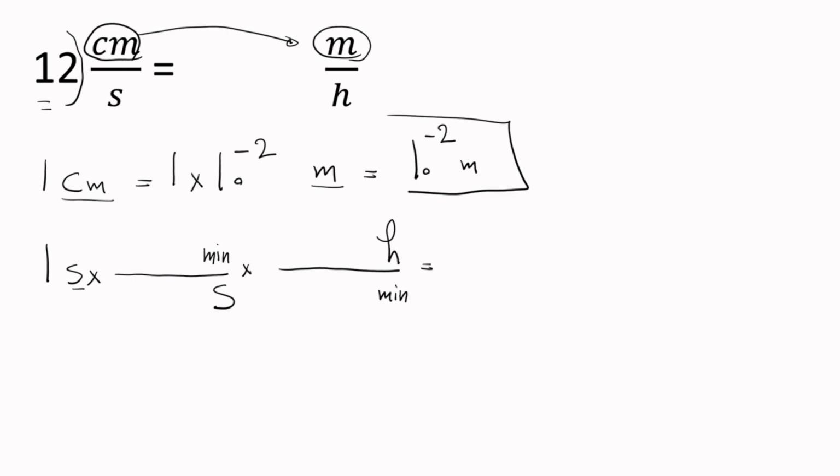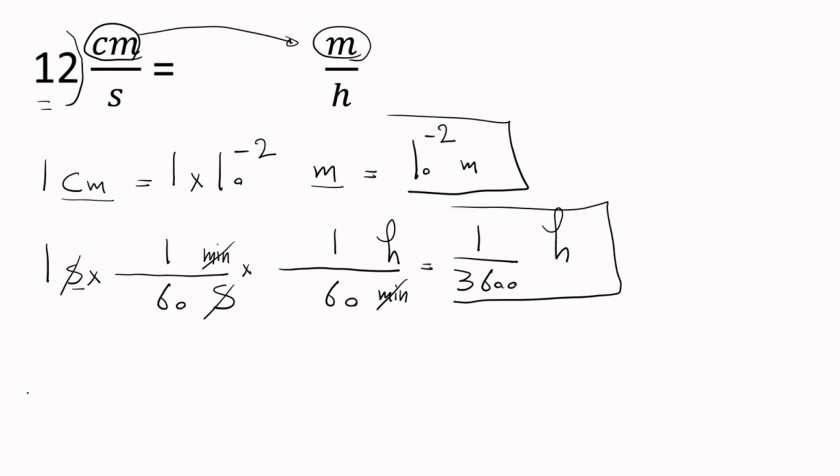And as you definitely know, 1 minute is equal to 60 seconds, and 1 hour will be equal to 60 minutes. Let's take care of the units first. These two will be cancelled by each other out. These two will be cancelled by each other out, and I'm going to have hour as I expected. And I'm going to have 1 over 60 times 60 will be 3600.